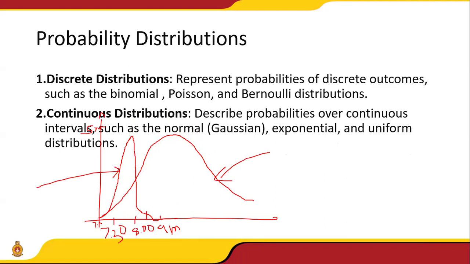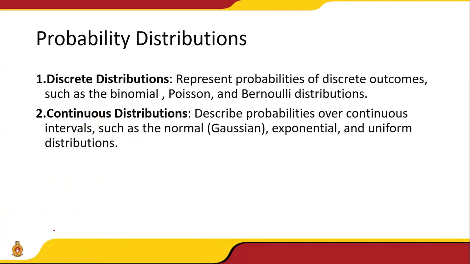Probably you have learned these binomial, Poisson distributions and so on, but I've just given a recap for you. These are the basic distribution types. Based on these distribution types, the algorithm that we are going to apply is different. For example, when we are using an algorithm, the algorithm expects the data set to be in a normal distribution.